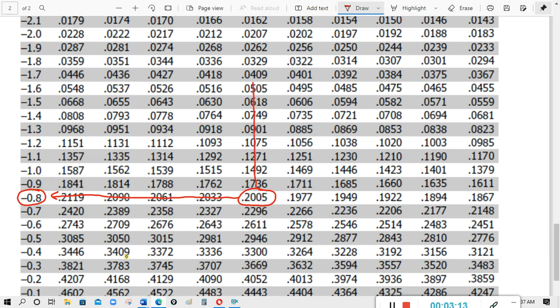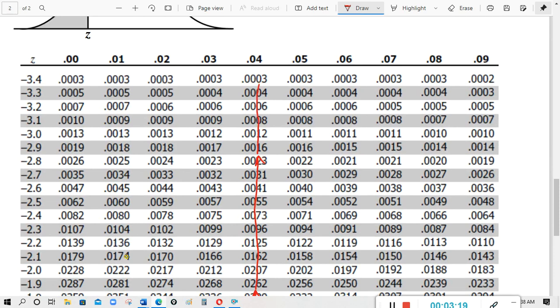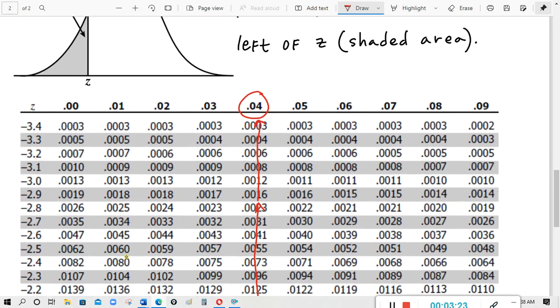We trace this up and keep going up and keep going up. And the second decimal place is a 4. Okay, so the z-score is negative 0.84.